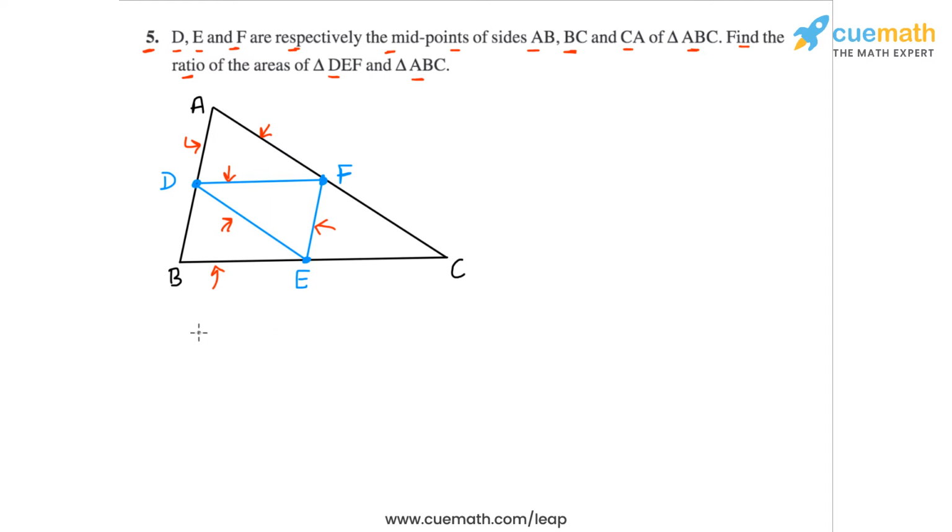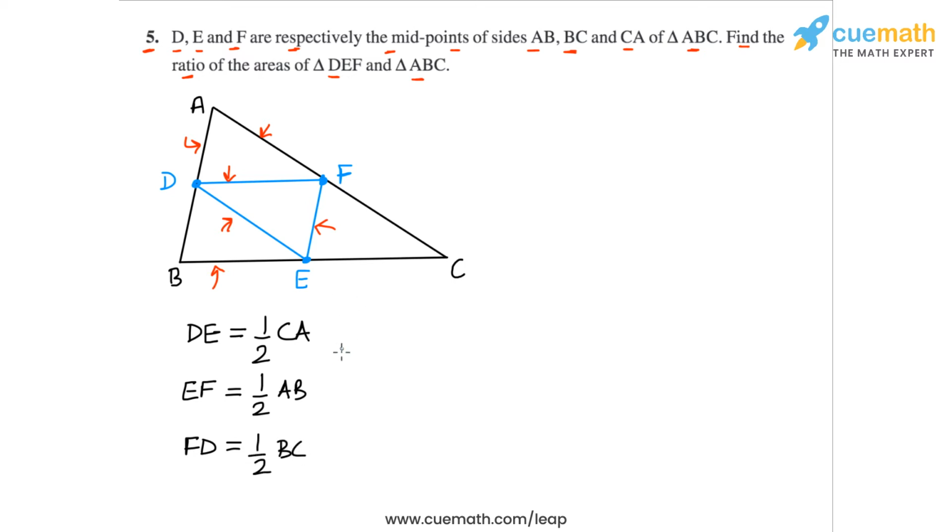As I said, using the midpoint theorem, this segment DE joins the midpoints of AB and BC, so it will be equal to half of the third side. So DE will be equal to half of CA, and EF will be equal to half of AB. As I'm writing this, observe the relevant segments in the figure carefully. And similarly, FD will be equal to half of BC.